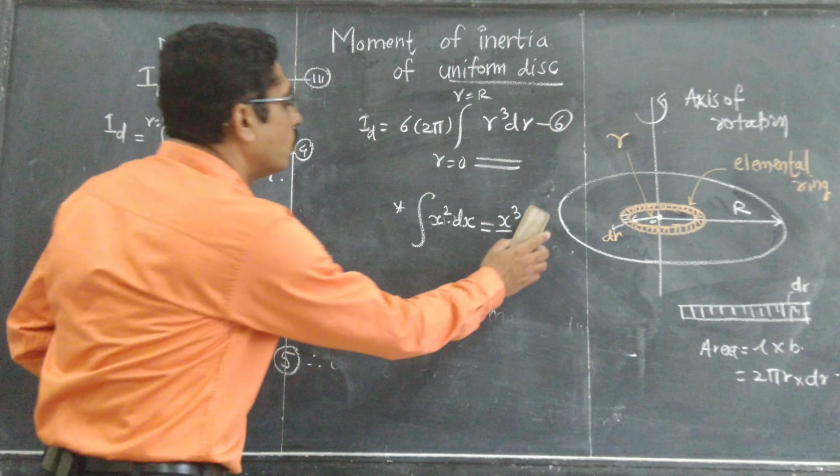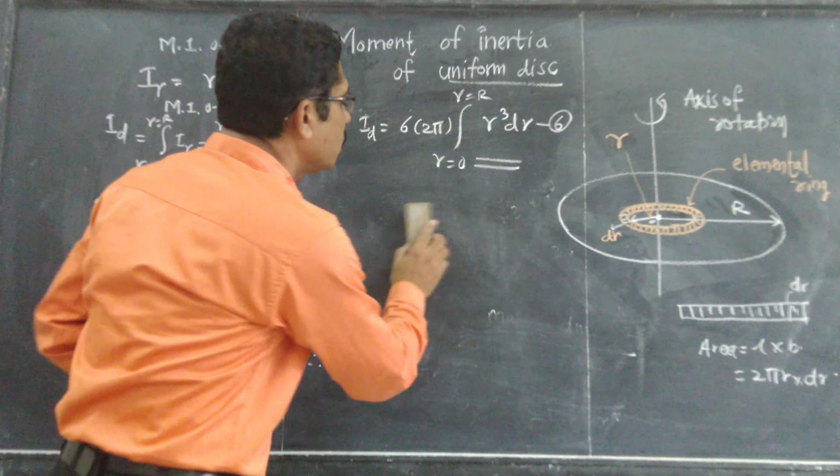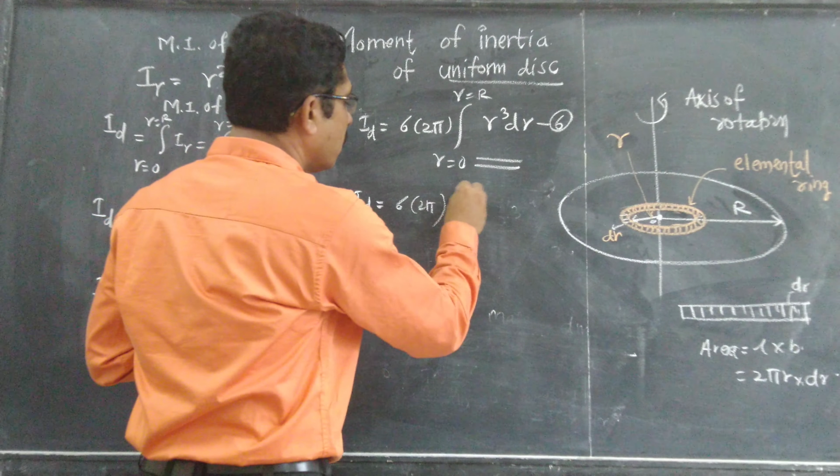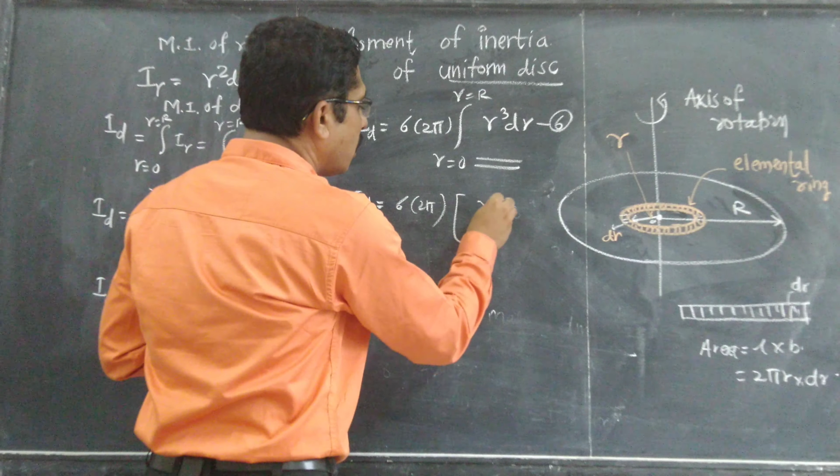ओके. Therefore by using this we will get ID = σ 2π r⁴ upon 4, integral from आता 0 to direct value of काय R. बरोबर आहे. त्याला म्हणायचं अप्पर लिमिट, त्याला म्हणायचं लोअर लिमिट, ठीक आहे.